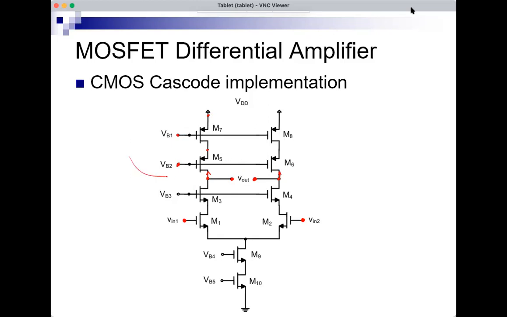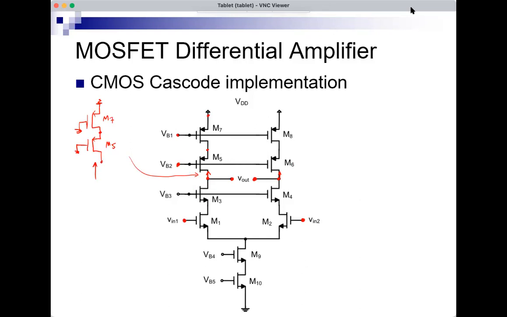So if I want to just look at this, here's the situation. I'm looking into the drain of this M5, and there's no signal at its gate. And between its source and ground, there is M7, and there's no signal at the gate of M7. So this is something that we know.